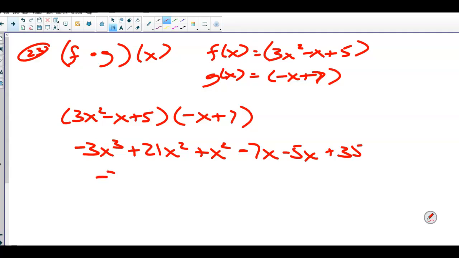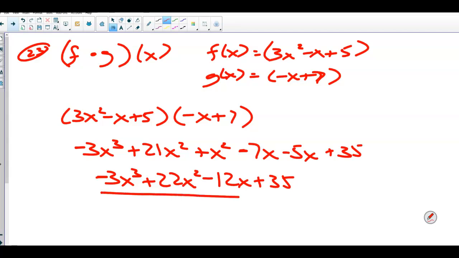And we're going to look to combine like terms. Negative 3x cubed plus 22x squared minus 12x plus 35. There's your answer.